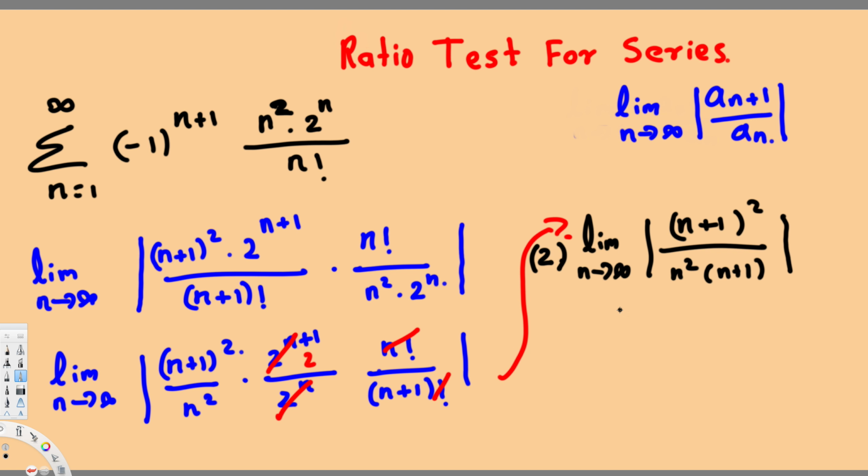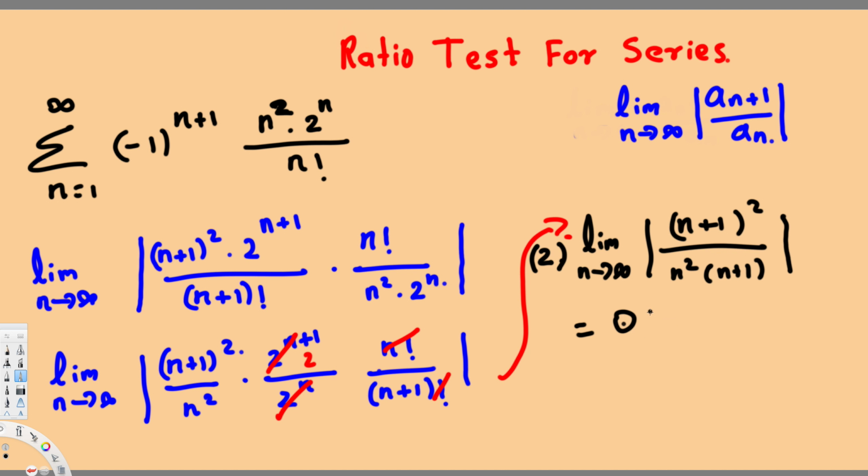Okay, now if you see this n squared and this n cubed, whenever we have the highest power in the denominator, this is going to be infinity, and it is much higher than the numerator, therefore this will become 0. When you have the highest power in the denominator, that's going to be 0. So here the limit for this one is going to be 0. 2 multiplied by 0 is 0.